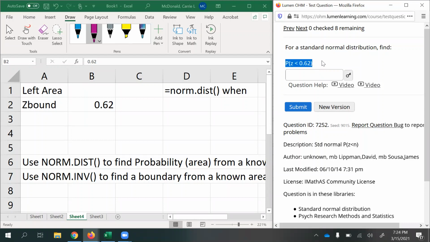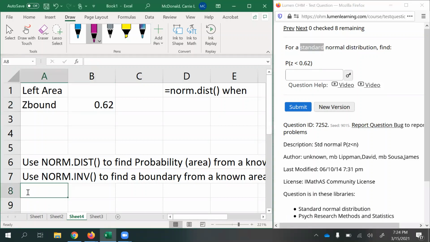All right, so whenever you see that type of notation with the P there, and it's a normal distribution, you know you're going to be using NORM.DIST. Now, if it also says standard, that means that your mean is 0 and your standard deviation is 1. So standard normal just means that the mean equals 0 and the standard deviation equals 1.